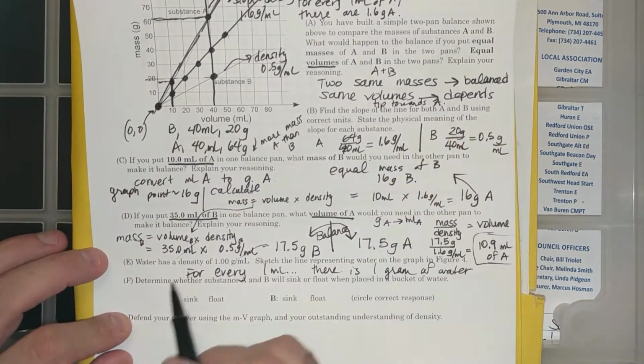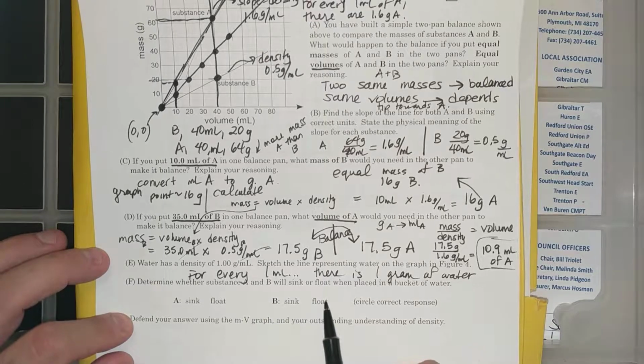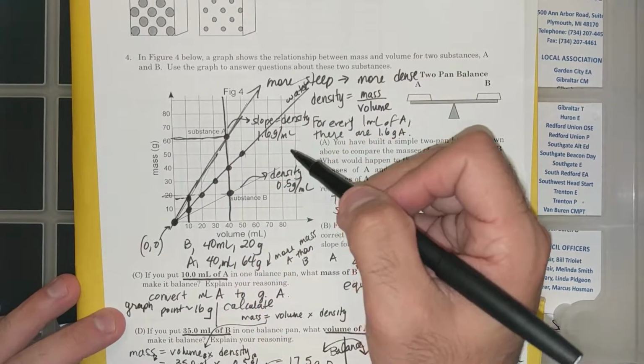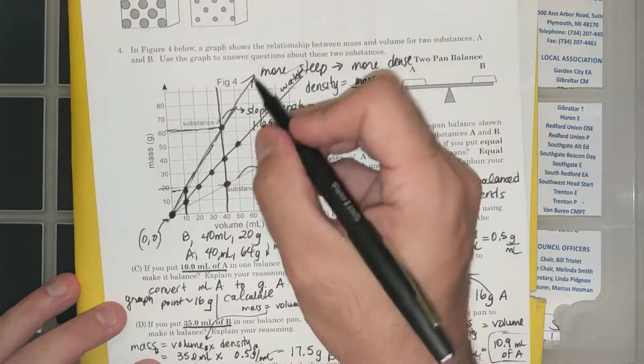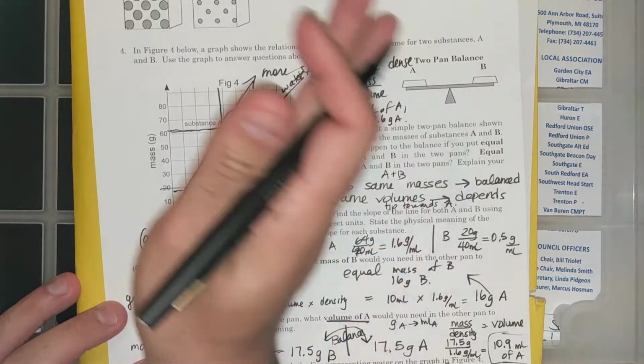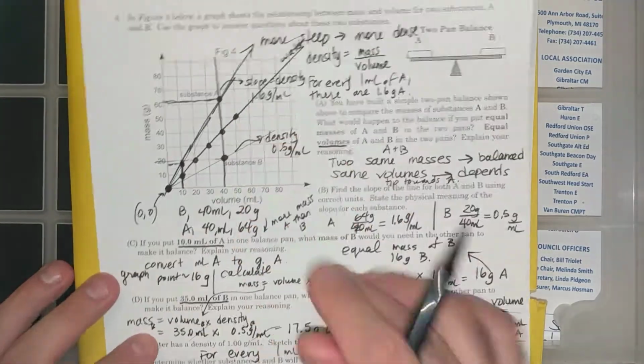So in answering letter F, it says determine whether substance A or B will sink. I'm going to tell you that if something is more dense than water, it's going to sink. Substance A has a graph that's higher than water. It's more dense.